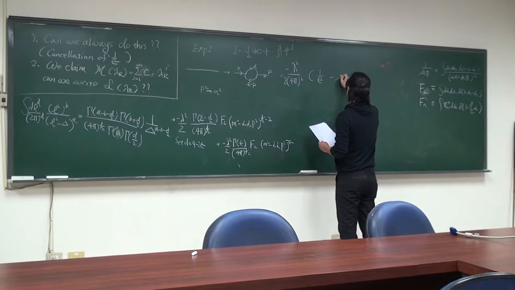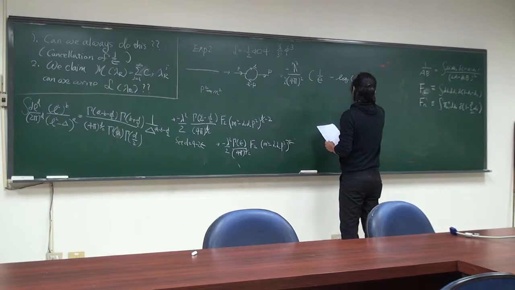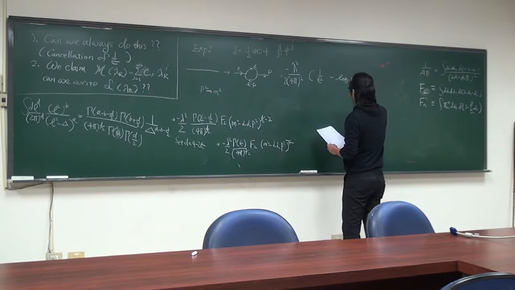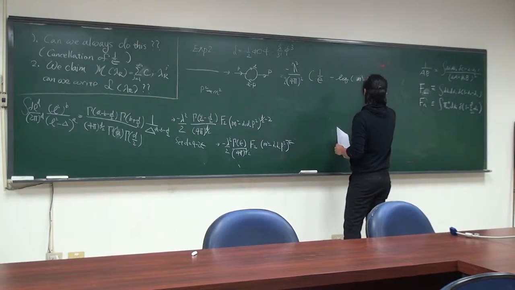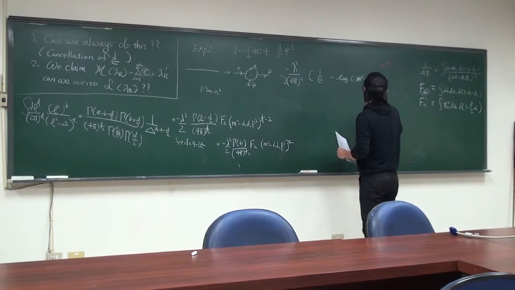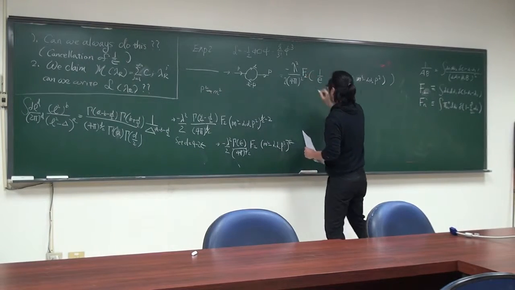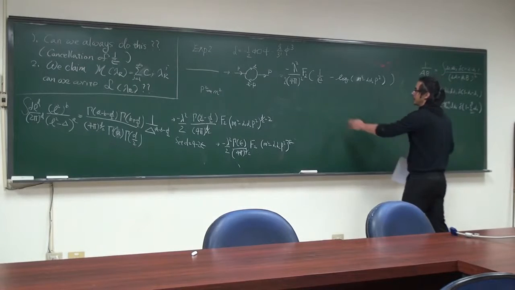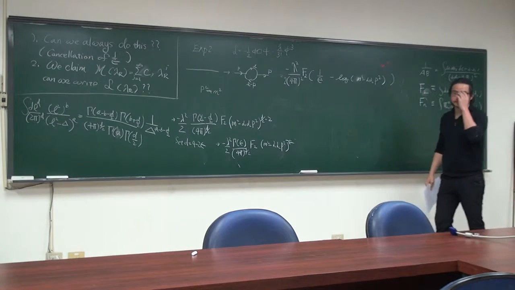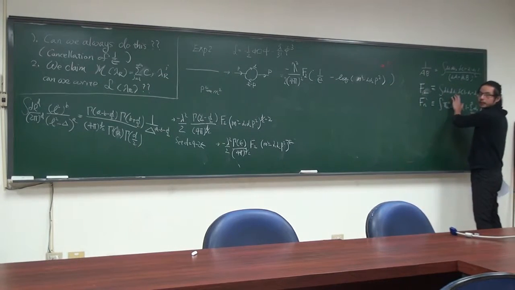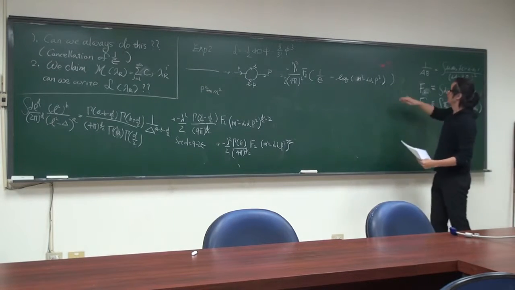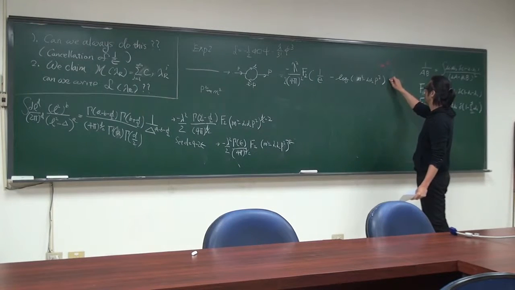And then there's a minus log again: m squared minus alpha 1, alpha 2, p squared. You have this log thing again. And then you have f2, where f2 means that you have to do this integral here. I should mention that you have some constant here.